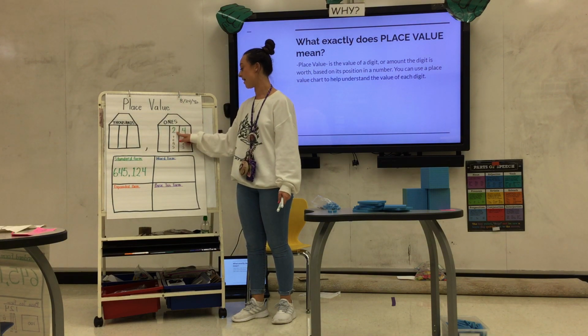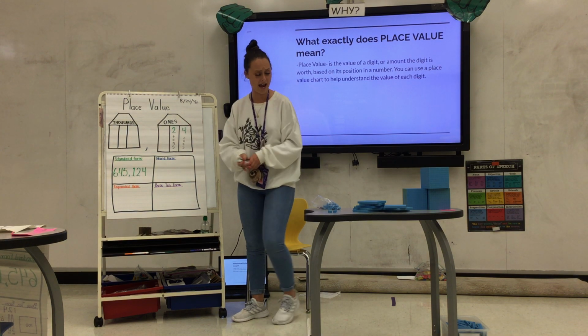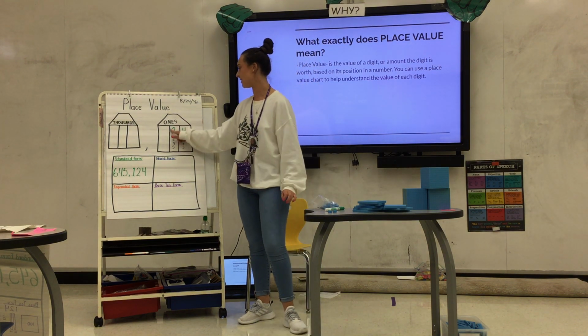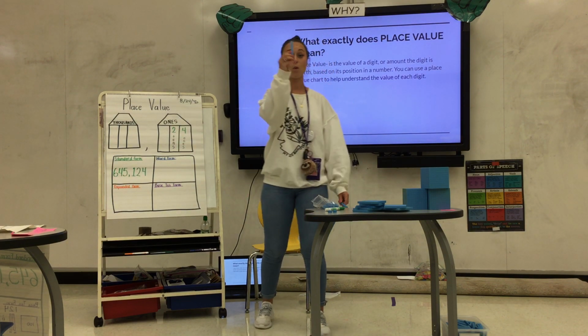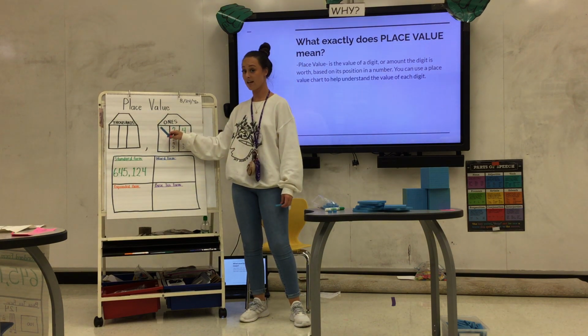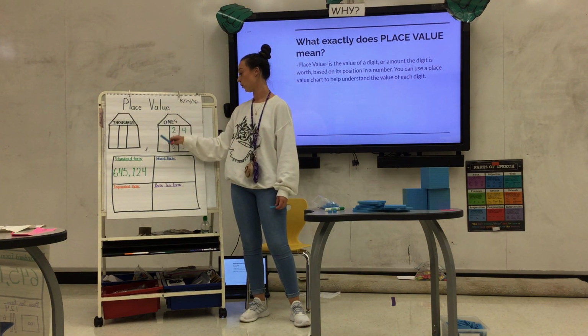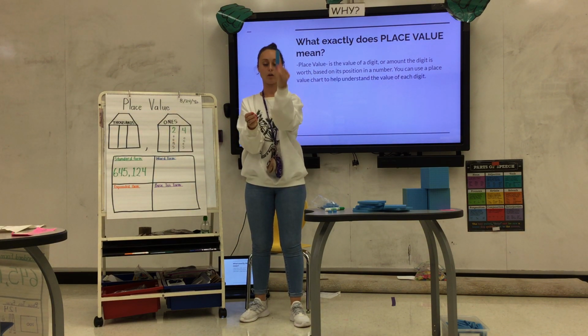Now, I think to myself, how many groups of 10 am I going to have? Well, I have to look at that digit 2. So, I'm going to have one group of 10, but I know I'm not done there because it says 2 groups of 10. So I have one group of 10, now 2 groups of 10.